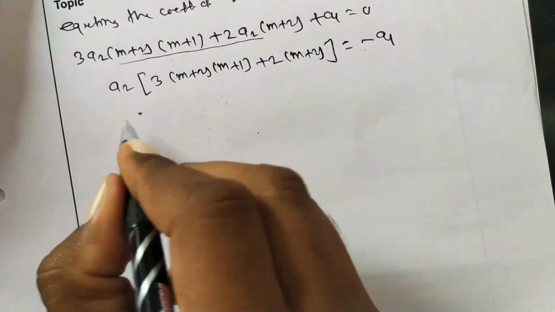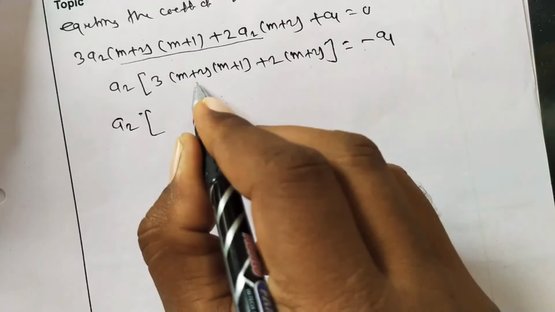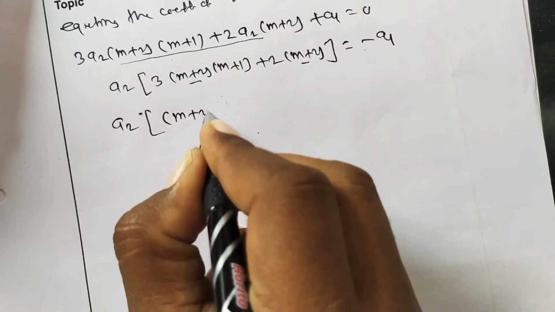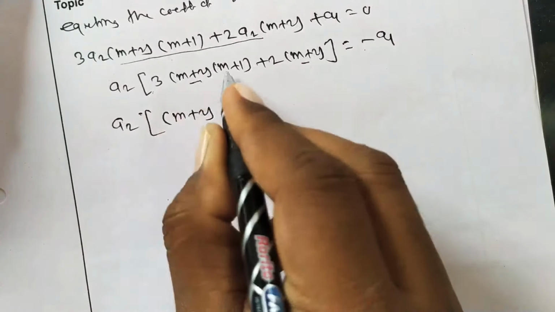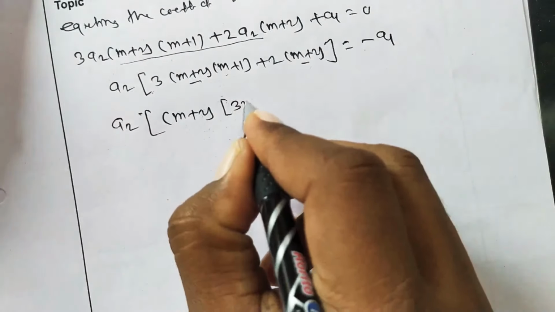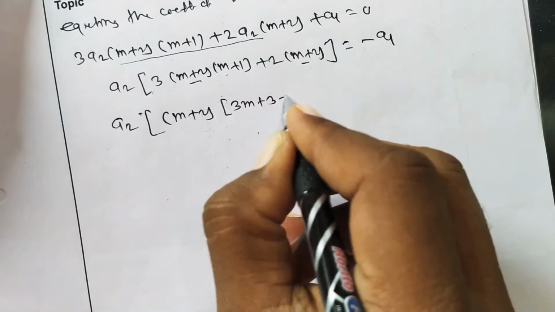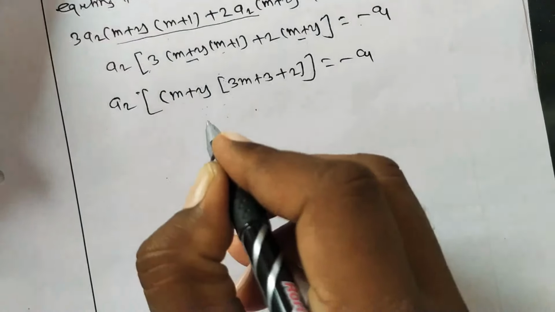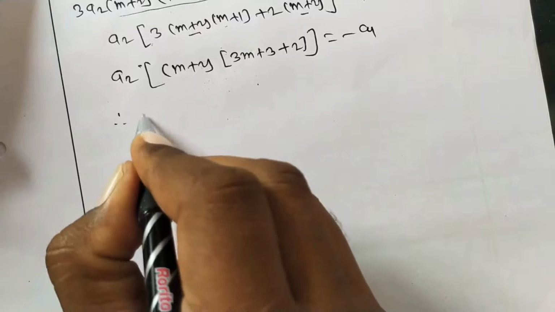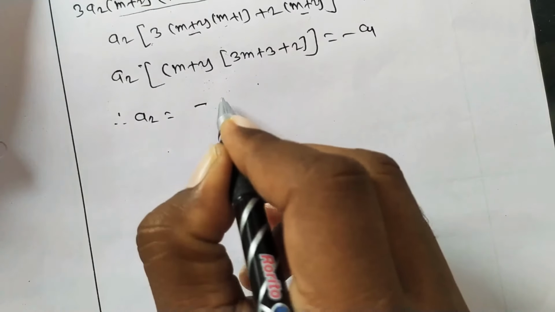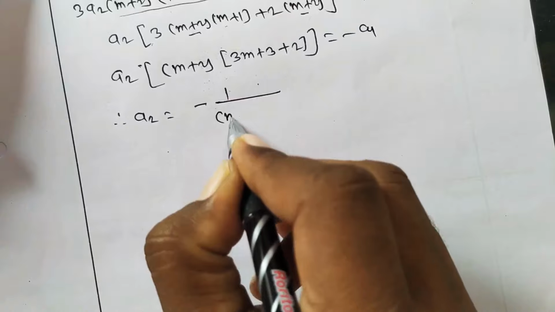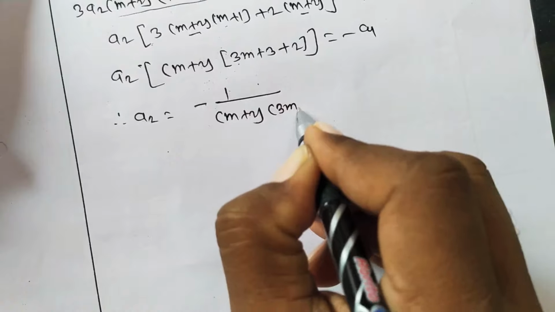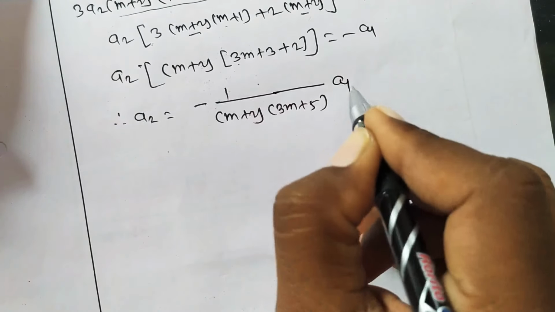So a2 into, look, from here we can take (m plus 2) common. In the bracket we get 3 into (m plus 1), that is 3m plus 3, plus this 2, is equal to minus a1. And therefore a2 is equal to minus 1 upon (m plus 2) into (3m plus 5) into a1.